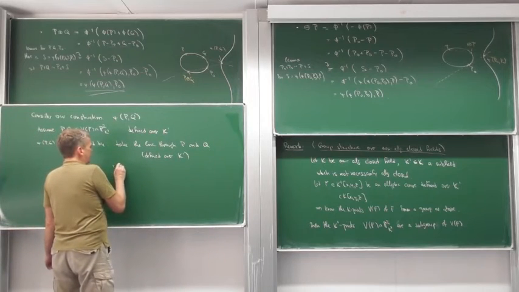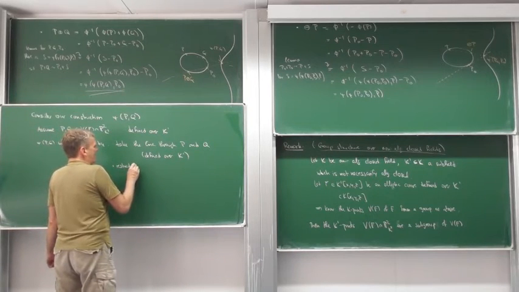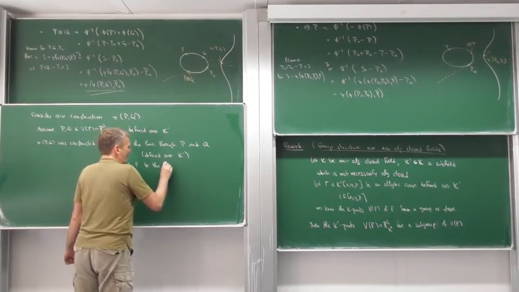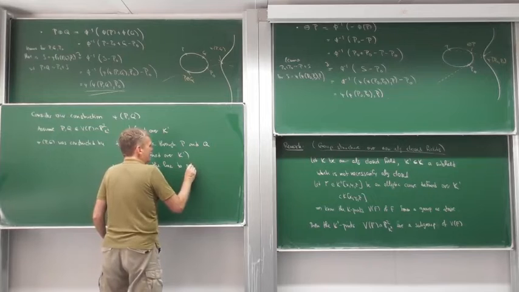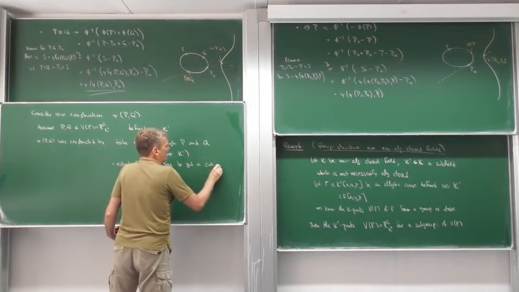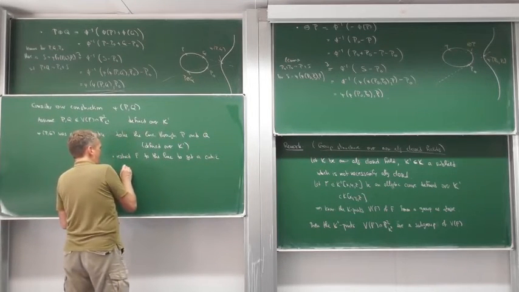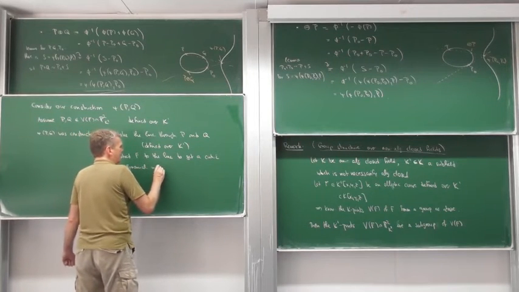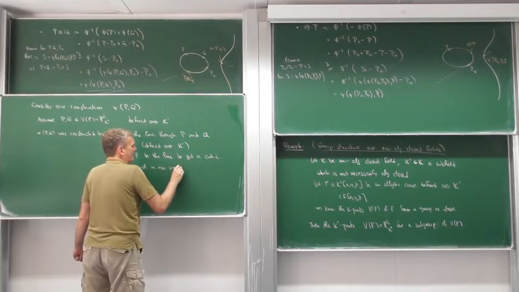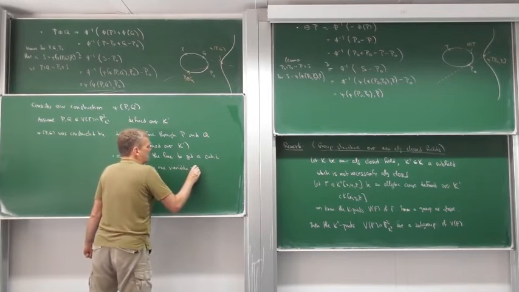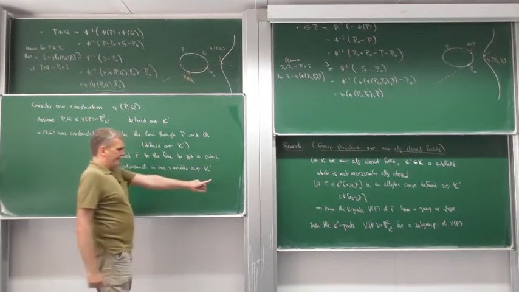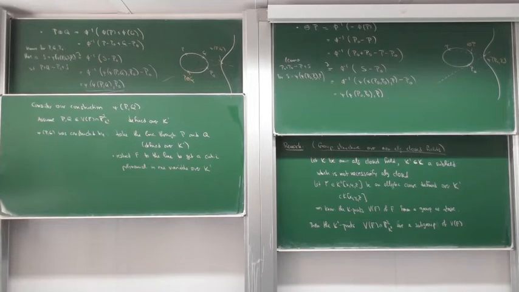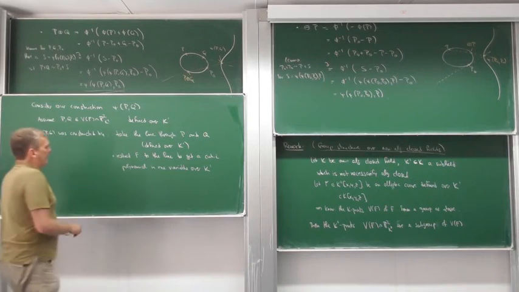And then we restrict the cubic F to the line to get a cubic polynomial in one variable, again over K prime, because F has coefficients in K prime and the line has coefficients in K prime. So if you plug it in, you get a cubic equation over K prime.